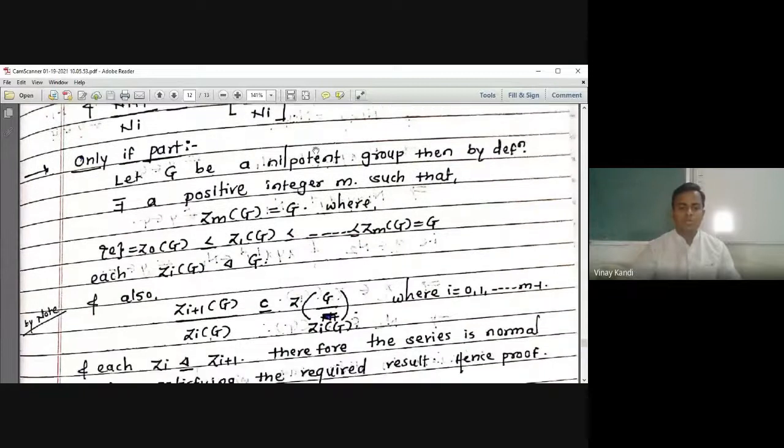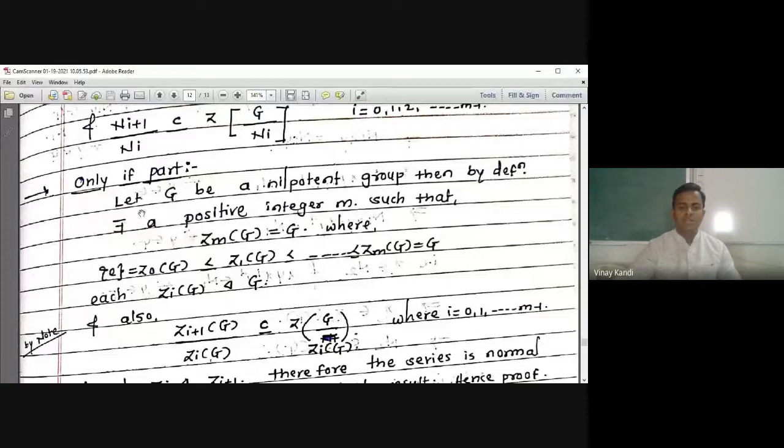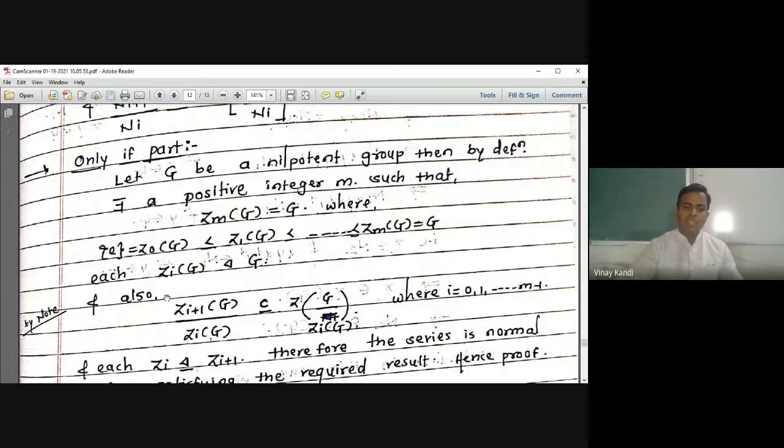Okay. So look at here, the only if part. In this part, we assume that G is a nilpotent group. Then, by the definition of a nilpotent group, there exists a positive integer m such that Zm of G is equal to G, where singleton E is equal to Z naught of G, which is a subgroup of Z1 of G, and so on, up to Zm of G, which is equal to G. So this is the definition of a nilpotent group, and each Zi of G is a normal subgroup of G. Why?